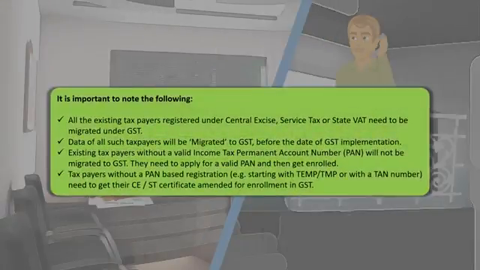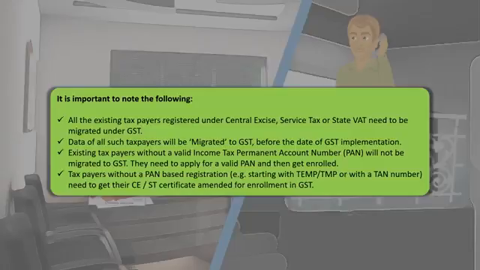It is important to note the following. All the existing taxpayers registered under the Central Excise, Service Tax or State VAT need to be migrated under GST. Data of all such taxpayers will be migrated to GST before the date of GST implementation.